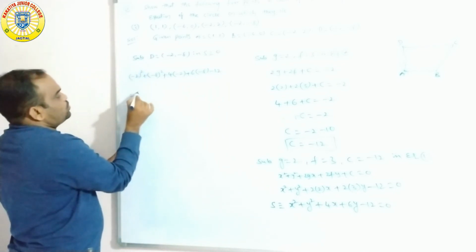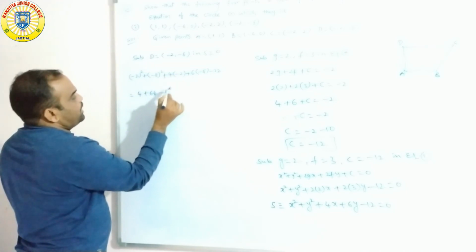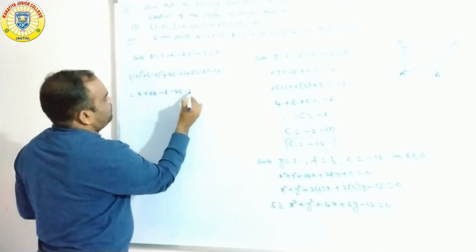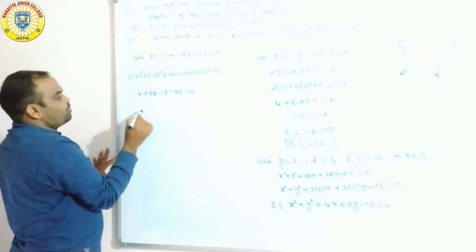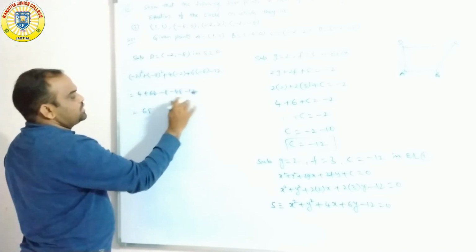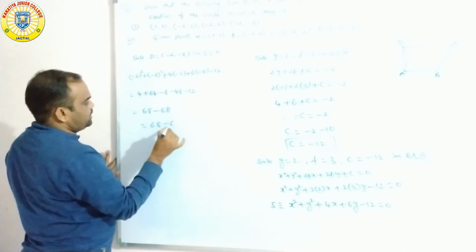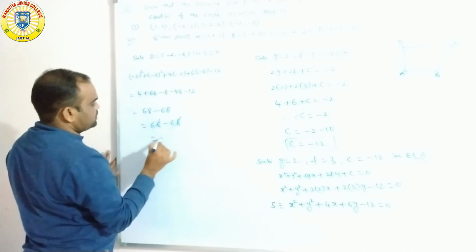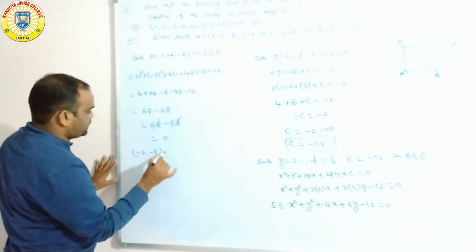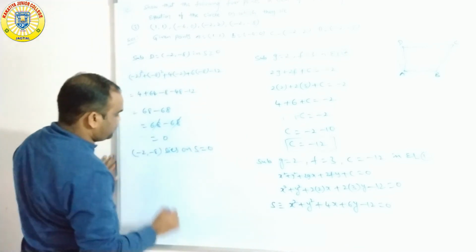So minus 2 whole square is 4, minus 8 square is 64, 4 into minus 2 is minus 8, 6 into minus 8 is minus 48, minus 12. So 64 plus 4 is 68. Here minus 48 minus 12 is minus 60, minus 8 is minus 68. Here 68 minus 68, these two values are cancelled, equal to 0. Therefore minus 2 comma minus 8 lies on S is equal to 0.